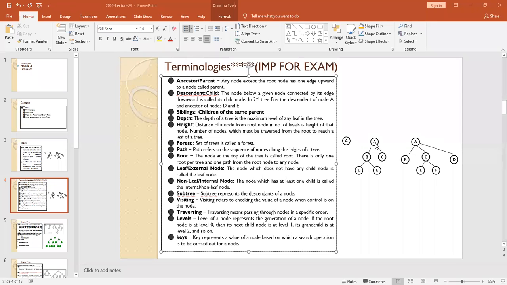It is the maximum level of a leaf in the tree. Which are the leaf nodes here? In the second diagram, the root node is A, internal nodes are B and C, and leaf nodes are D and E. So what is the depth of the second tree? Can anybody answer? What is the depth of the second tree?